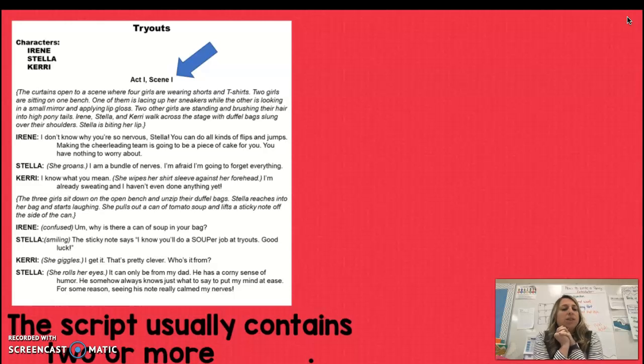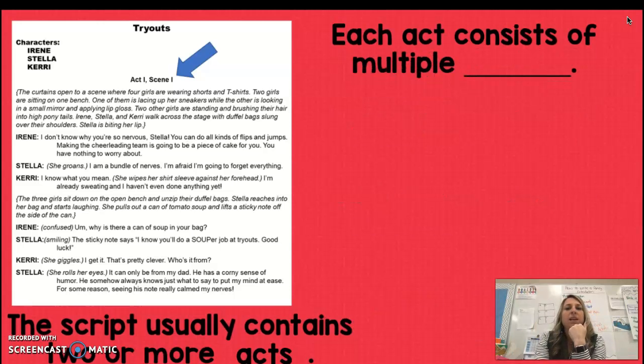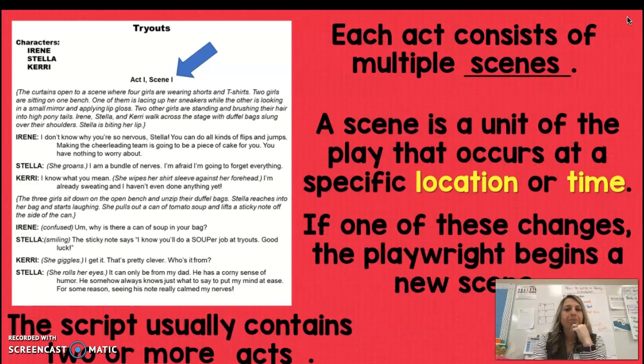So the script usually contains 2 or more acts. Okay, so an act is kind of like breaking the story up a little bit. Each act consists of multiple scenes. So a scene is a certain section of the act. A scene is a unit of the play that occurs at a specific location or time.